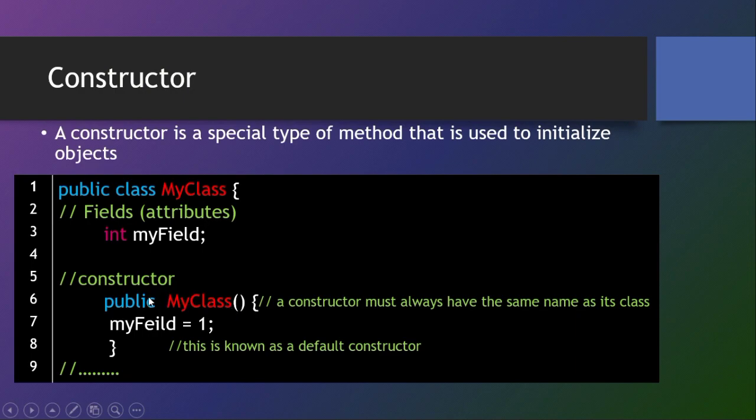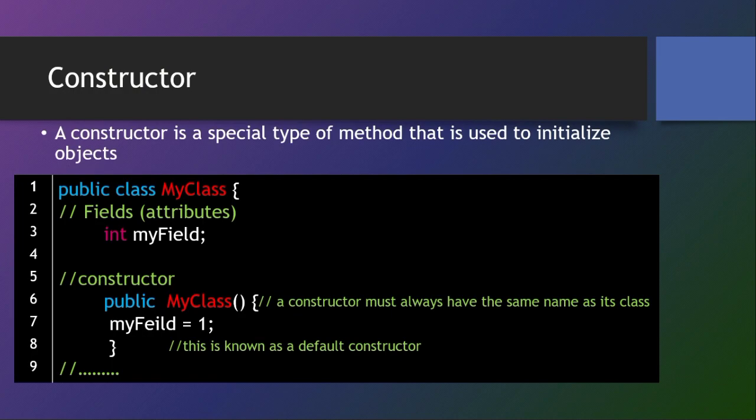A constructor will always have public without any static or anything, and it will just have public and the name of your class, right? Exactly the way you have written the name of your class is exactly the way you will write the name of your constructor. And like I said, a constructor is a special type of method that is used to initialize objects.